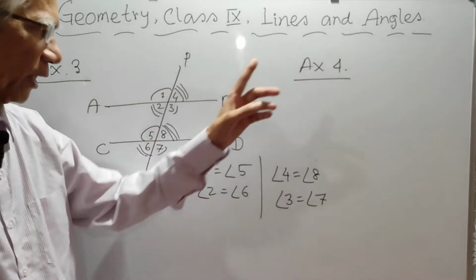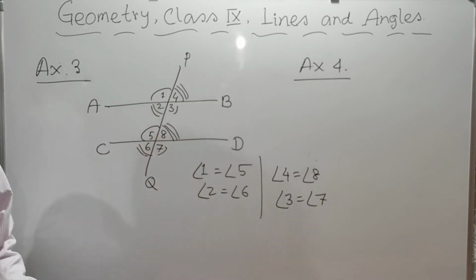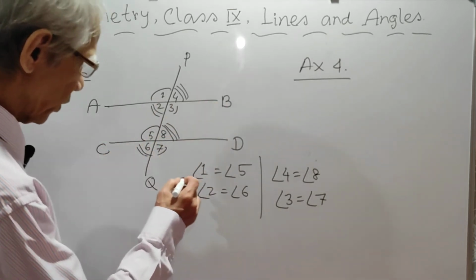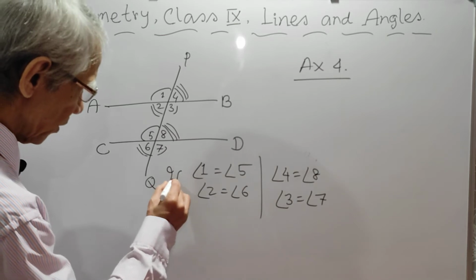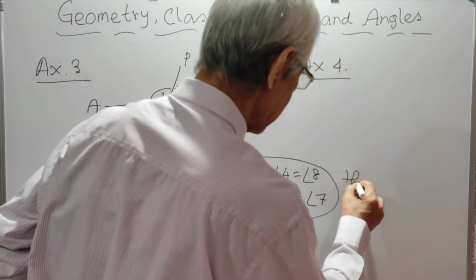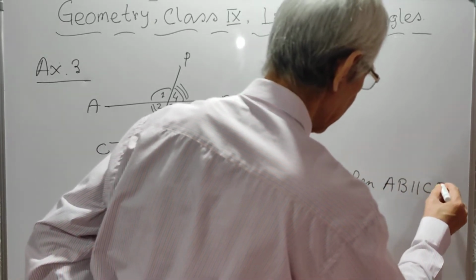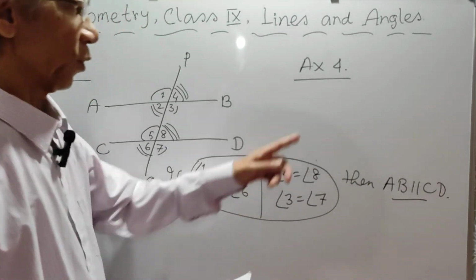Now the converse will be, if corresponding angles are equal, then the lines are parallel. So you see, if this is true, then we conclude AB must be parallel to CD. That is axiom 4.